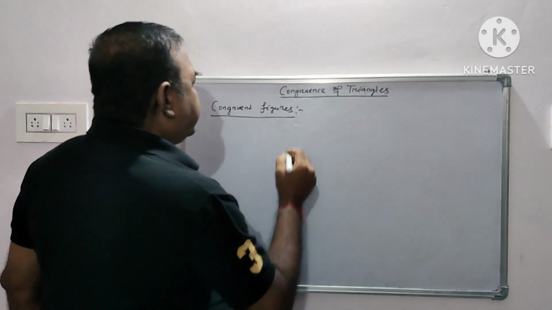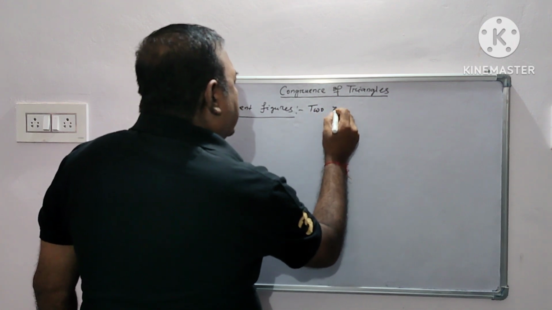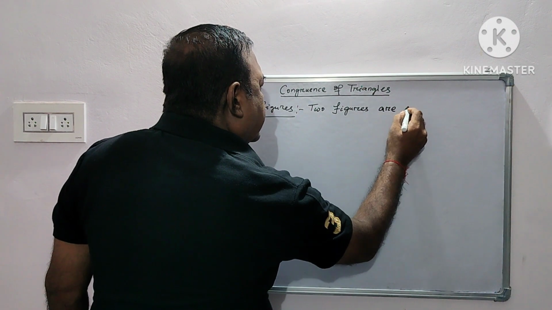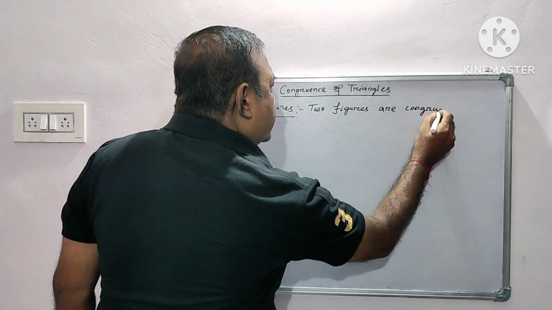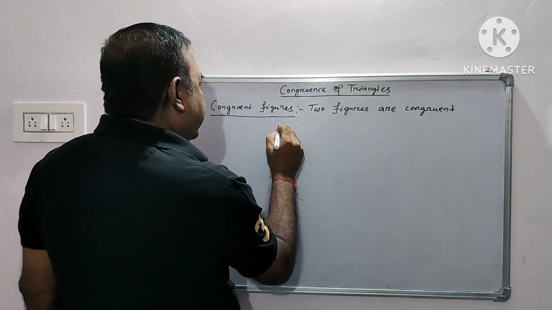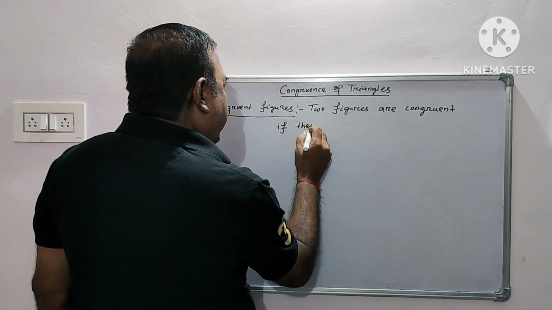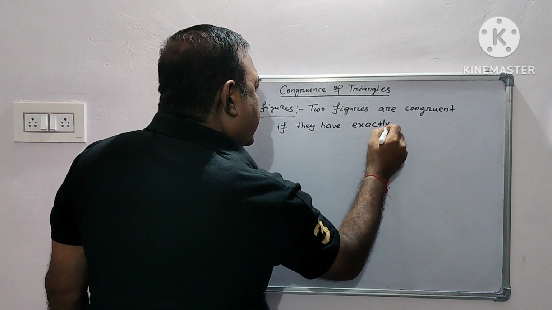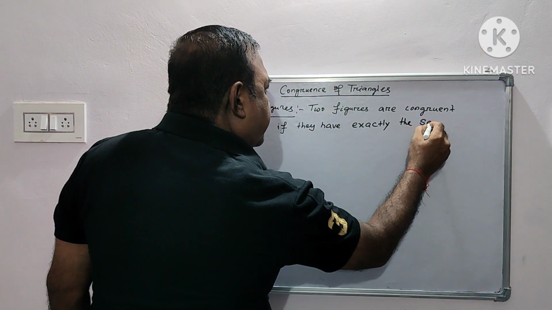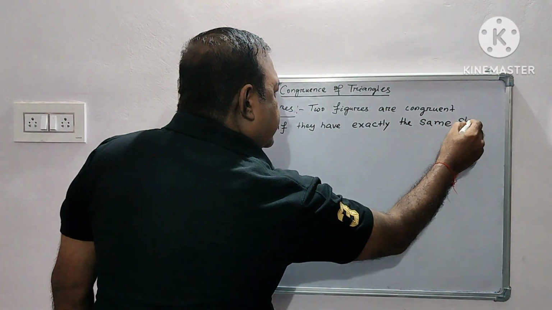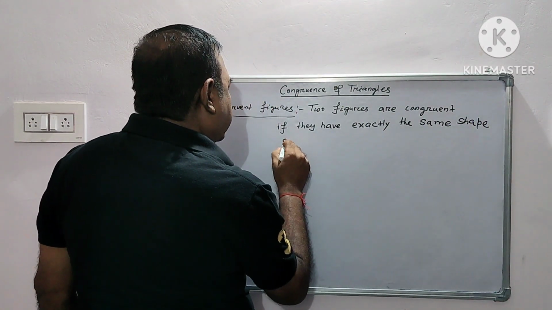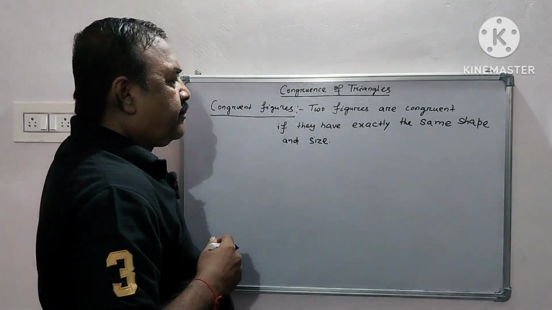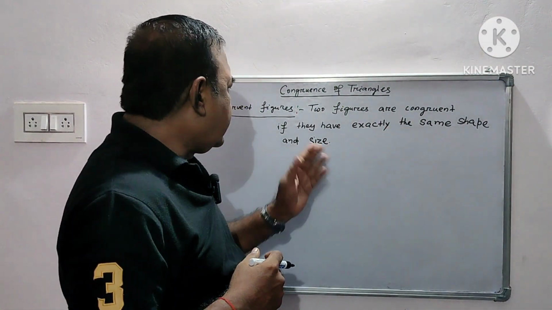Two figures are congruent if they have exactly the same shape and size. Exactly the same shape and size.